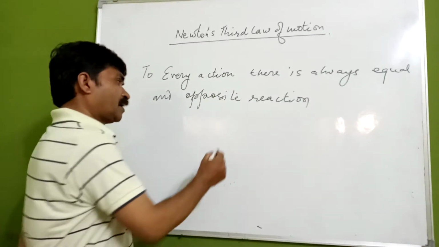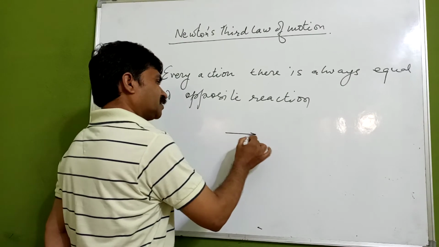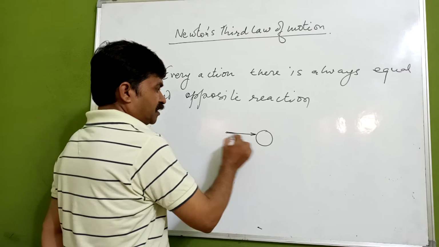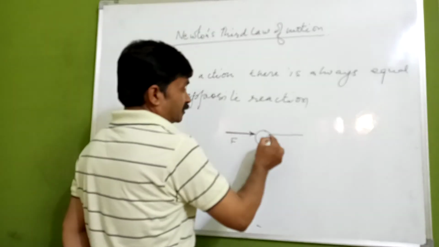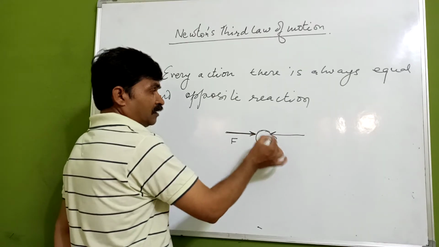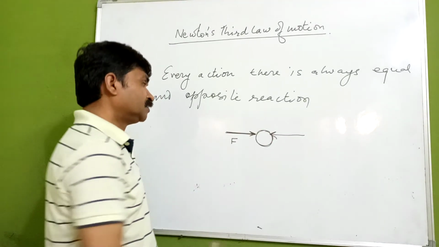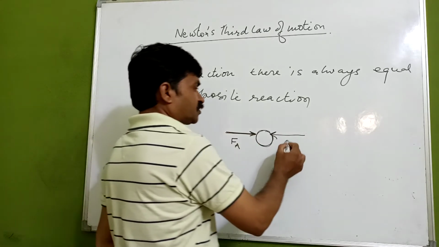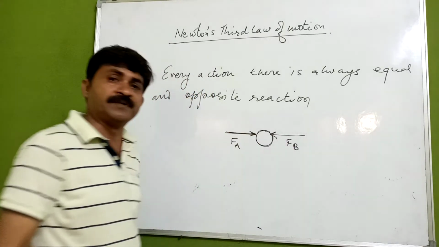Meaning if we have some object, say F, and a force is applied, and also a force is applied in the other direction, and it is in a balanced position, say this force is FA and this force is FB.